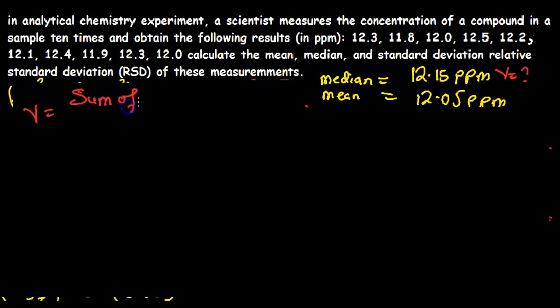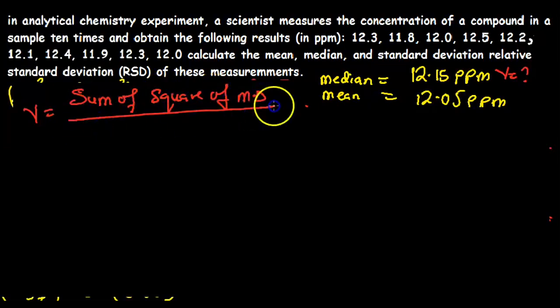Let's write it down. Sum of square of mean deviation divided by n minus 1. So variance is simply going to be the sum of all the squares of our mean deviation.